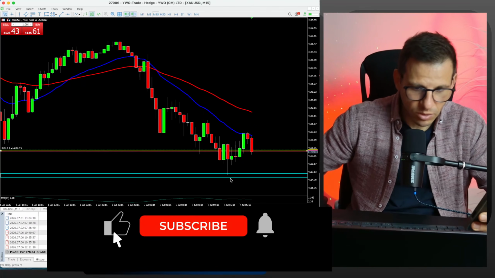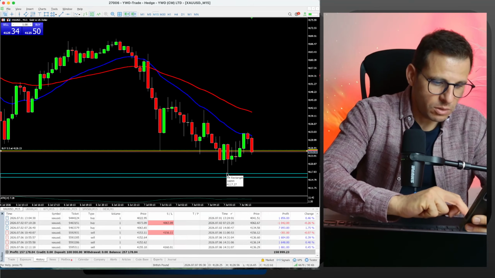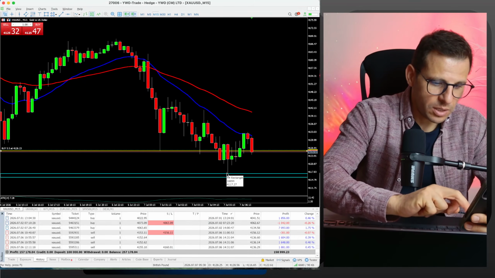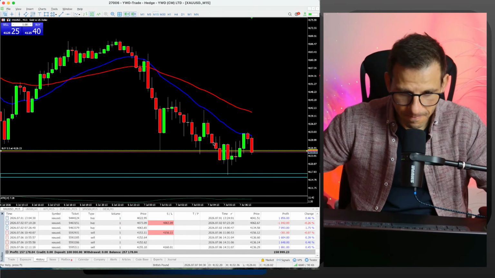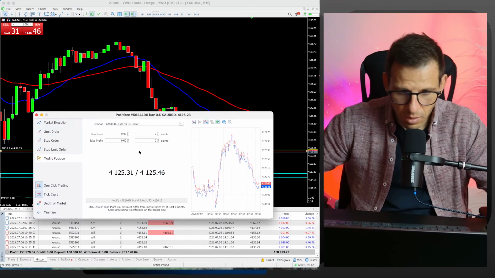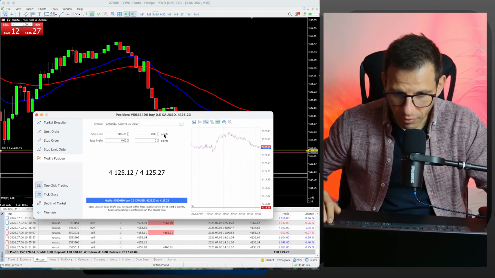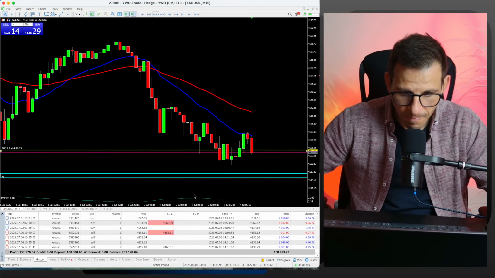I'm going to put my stop loss. I'm going to hide my stop loss actually around there. So let's do that. So stop loss will go below, I think it's about 1100 here. Yes, exactly there, the stop loss.